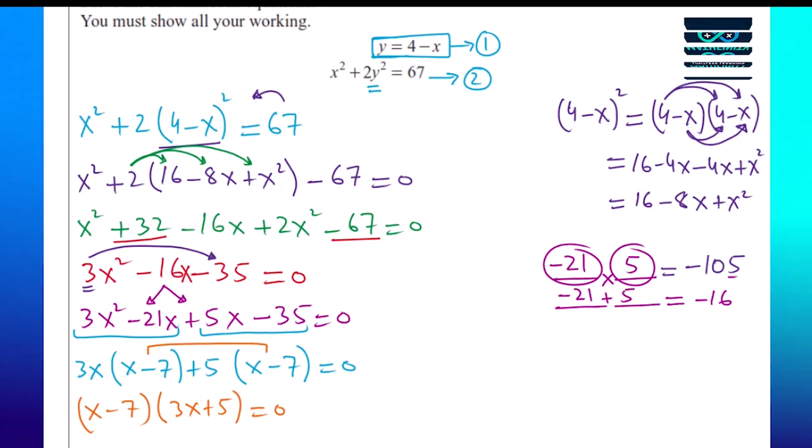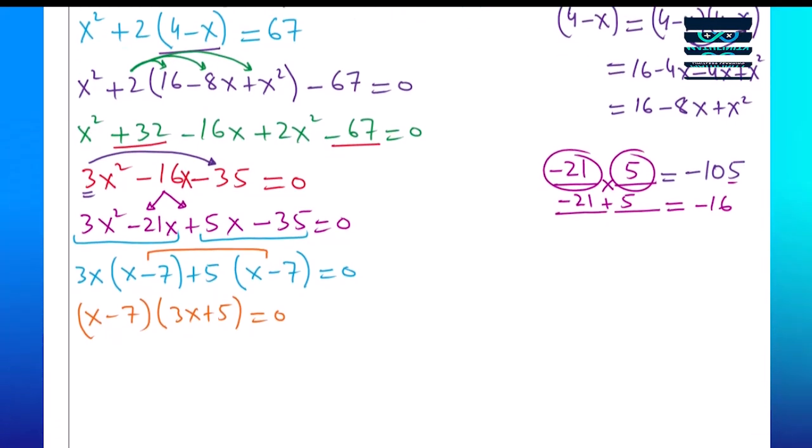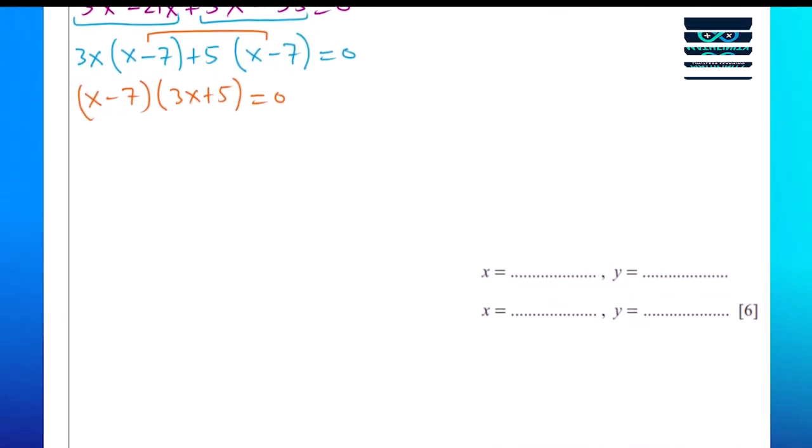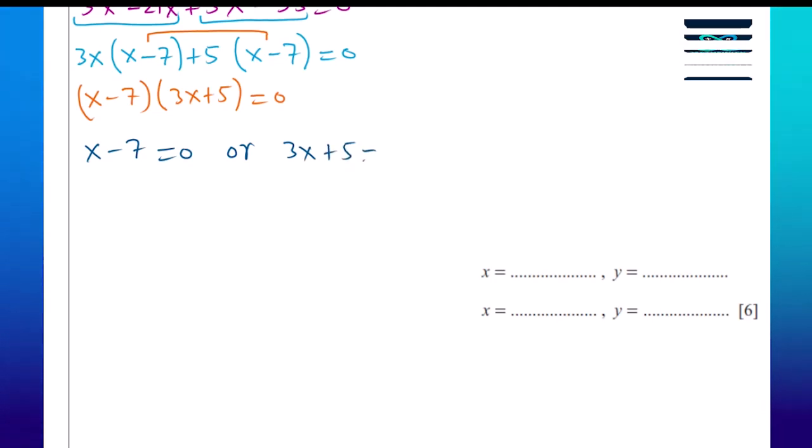From here, we have to separate and make columns. We need space, so let me scroll up. This one we can write: x minus 7 equal to 0 or 3x plus 5 equal to 0.